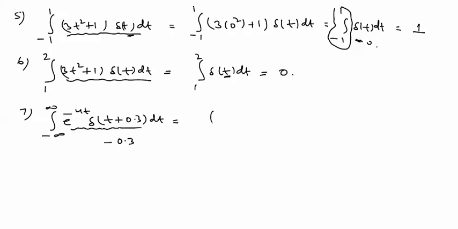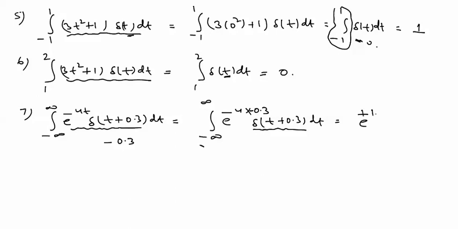By putting this value in this expression, e power minus 4 into minus 0.3, del t plus 0.3 dt. This impulse location is covered in this range. What will be the result? We put minus 0.3, and the result will be e power plus 1.2, our answer.